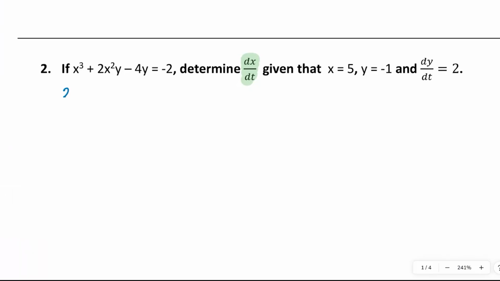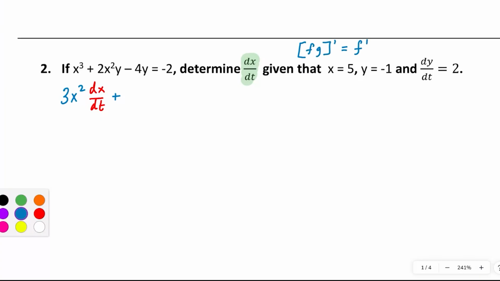Okay, so we'll have 3x squared dx dt. Now for this next term, we have a product, so we'll have to use the product rule. It's been a little while since we did the product rule. So as a little reminder, if you're trying to differentiate a product, it's the derivative of the first function times the second plus the first function times the derivative of the second. Okay, f prime g plus f g prime.